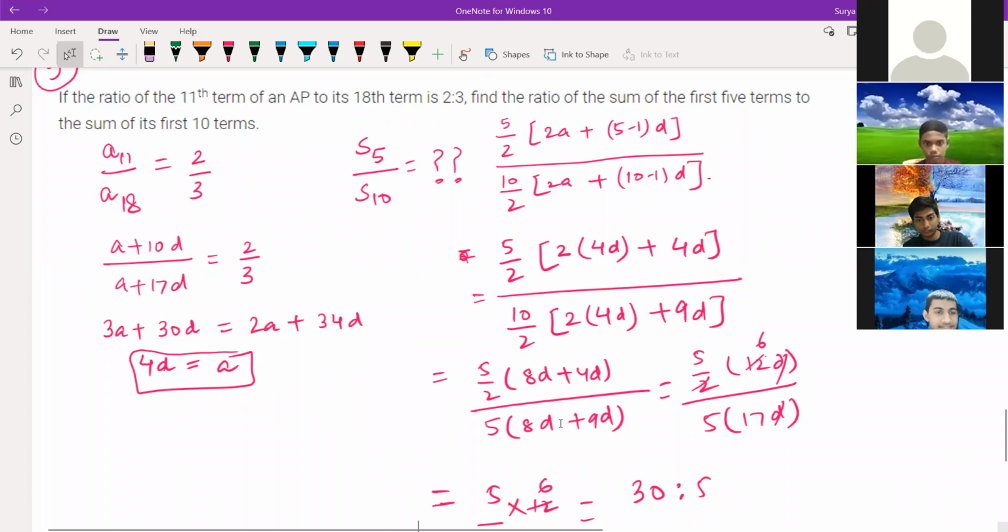Here we got 30:5. We have made a mistake, I think. 2a plus a. Sir, it will be 6:17 only. 6:17 only will come. Yes, the 5 also will get cancelled. So it's coming 6:17.